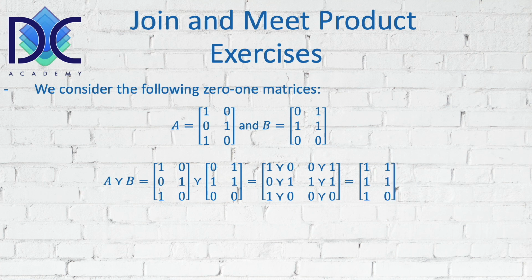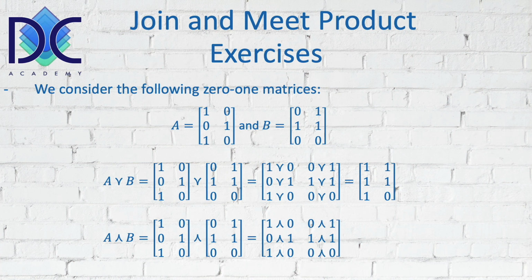So basically, that is the join. We can now continue with the meet of A and B. So we have A AND B, and instead of using the OR operator, we're using the AND operator. We find 1 and 0, 0 and 1, 1 and 0. Since all of them only have one element which is equal to 1, all three will be equal to 0.